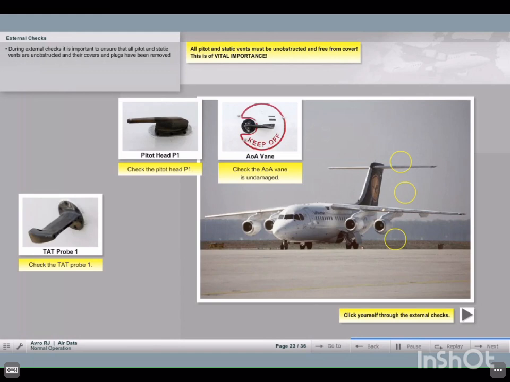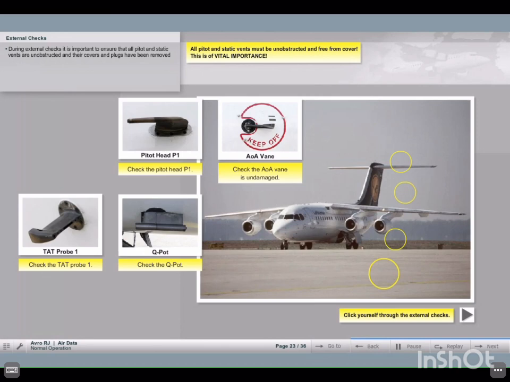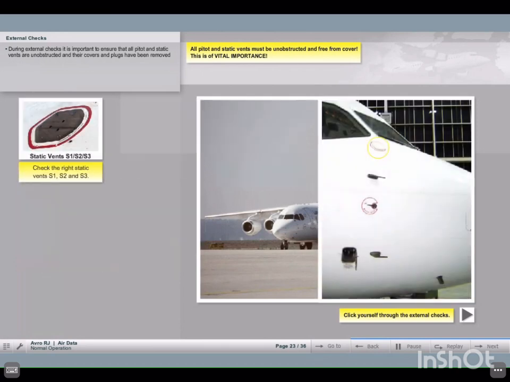Check the TAT probe 1. Check the Q pot. Check the right static vents S1, S2, and S3.